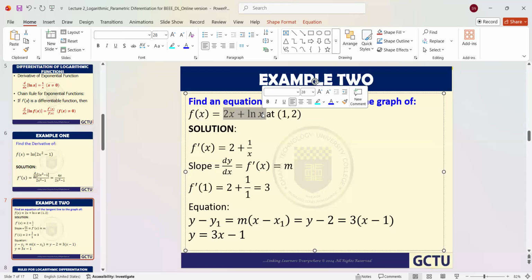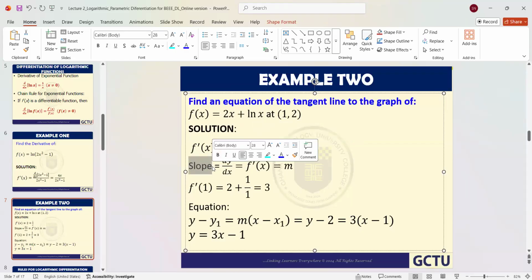When you differentiate 2x, we end up getting 2. And we already know that when you differentiate natural log of x, we end up getting 1 over x. The slope of a function is actually the differential of the function, or, like I've written here, f prime of x will be equal to that.